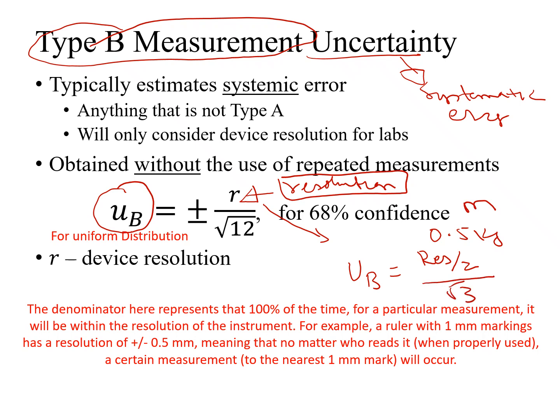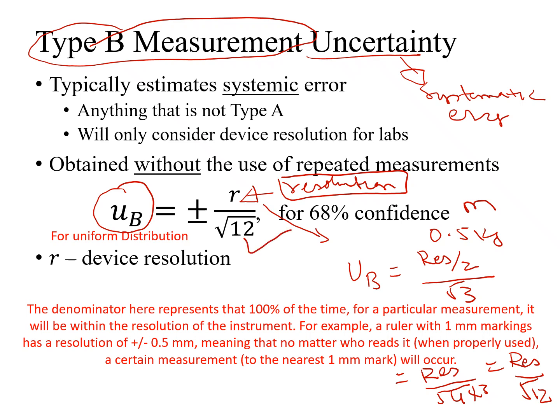So this is how you calculate, and this is the only thing we'll be calculating for the lab. If you simplify this one, the 2 can be written as square root of 4 and then 3, so it becomes resolution divided by square root of 12.